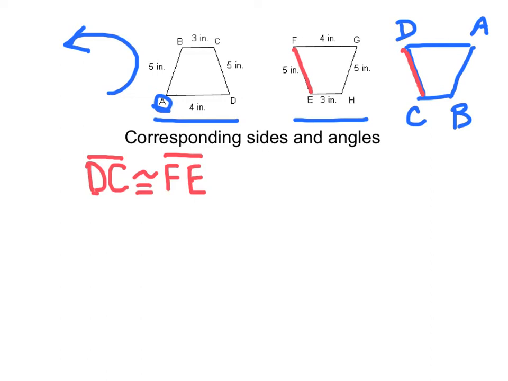Let's write the rest of the corresponding sides. Here we have this side right here, side AB, which is going to correspond to GH, and they're congruent.